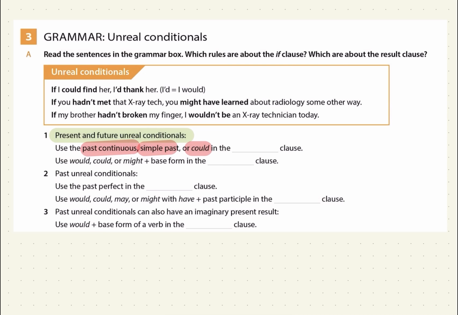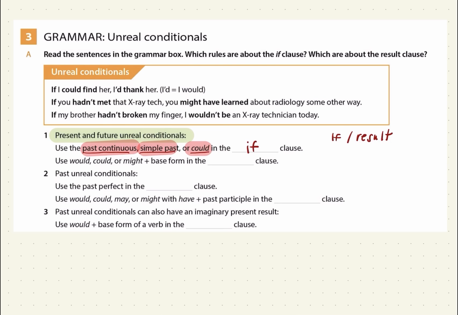The answer will be if clause or result clause. Which one do you think is correct? Again, use the past continuous, simple past, or could in the correct if clause.